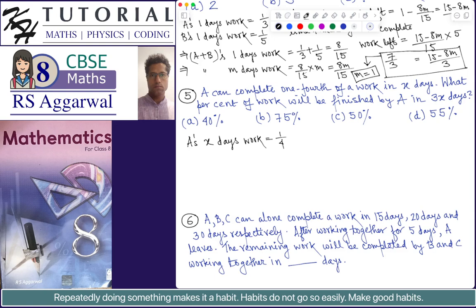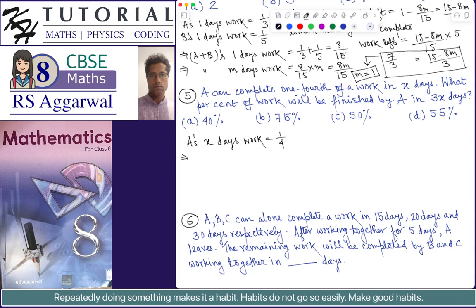Now a complete work or a whole work is always considered to have the value 1. So if the whole work is 1, then 1/4 of a work will be 1 by 4. In X days, the amount of work done by A is 1 by 4. Hence we are writing A's X days work is 1 by 4.